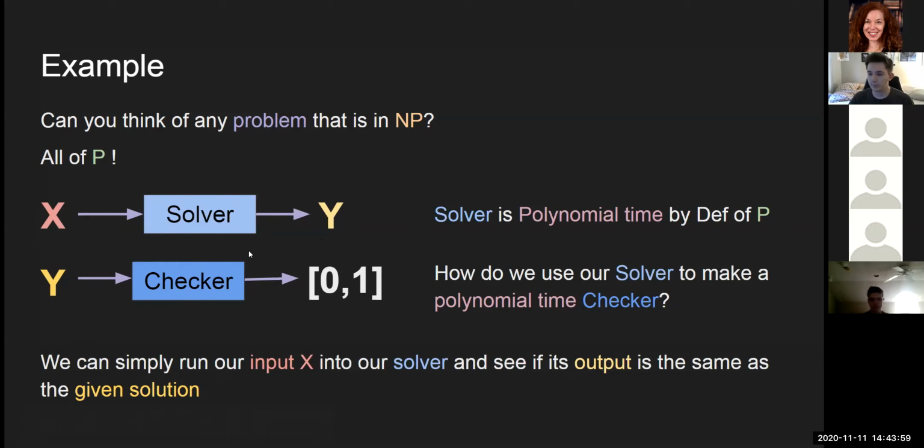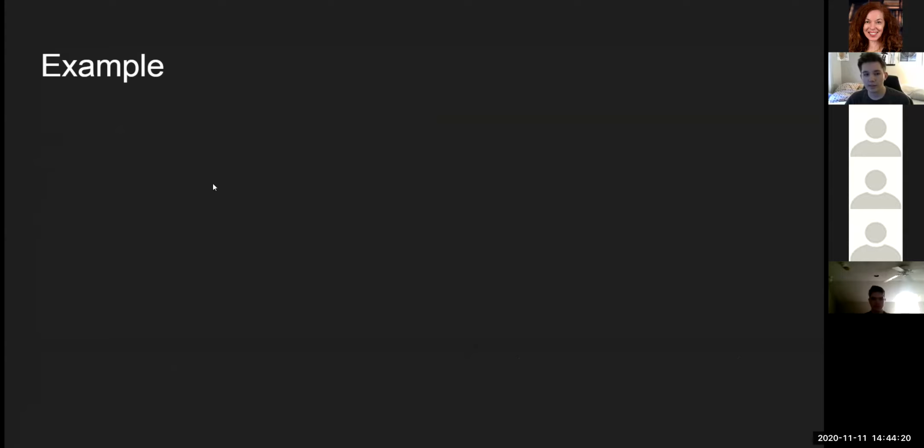So we can simply check that these are the same, and we can do all of that in polynomial time. So in fact, our checker can run in polynomial time. That's very nice for us. It is a conceptual thing that you should try to understand: P is encapsulated by NP.